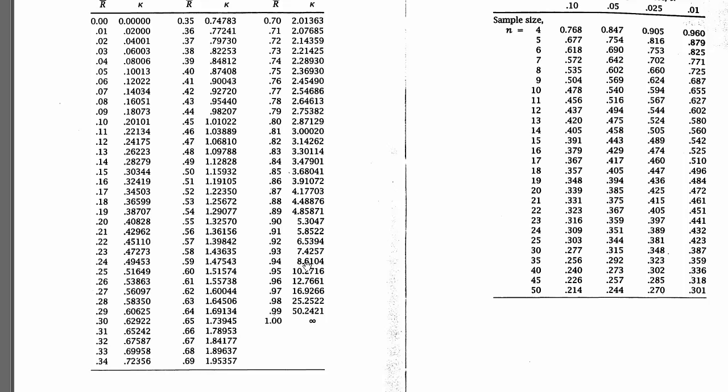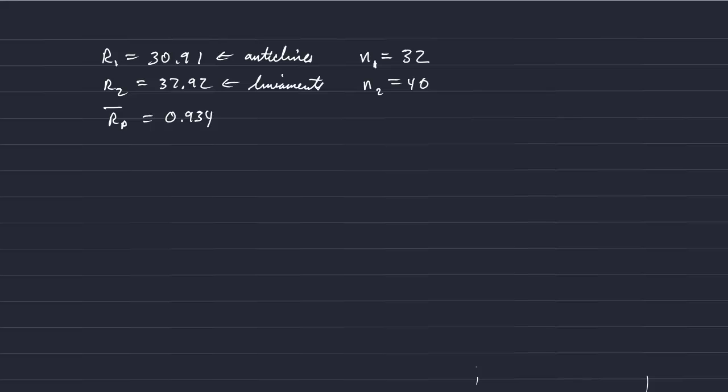I just did a linear interpolation to find out what kappa was. As you can see, for high values of R, kappa starts changing a lot, so in this range it might be good to improve your accuracy by doing some sort of interpolation between those points. I found that kappa is equal to 7.87.